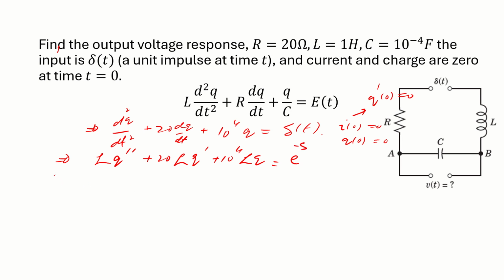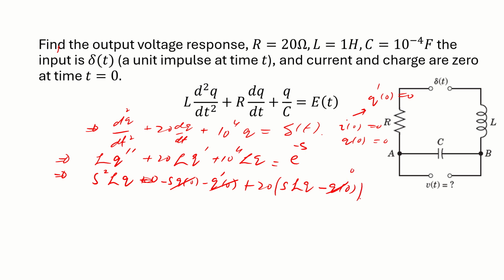Putting all these values, this is s square Laplace of q minus s q of 0 minus q dash 0. This is 0, this is 0 given in the statement, plus 20 times Laplace of q, which will be s times Laplace of q minus q of 0, again it is 0, plus 10 power 4 Laplace of q, equals e power minus s.